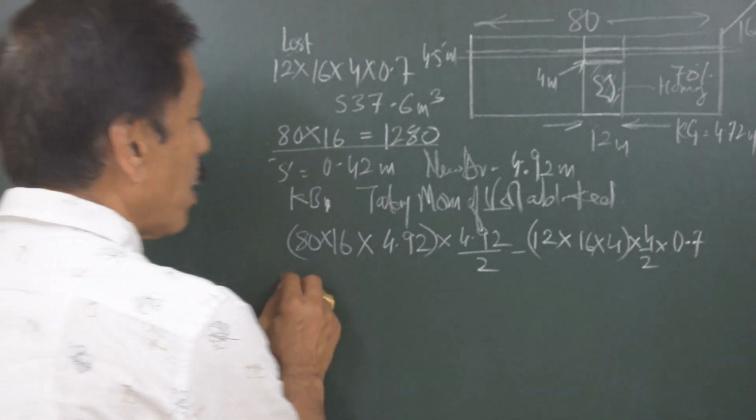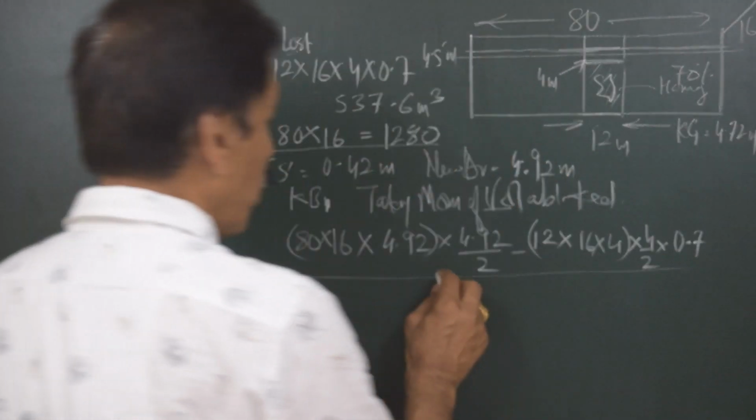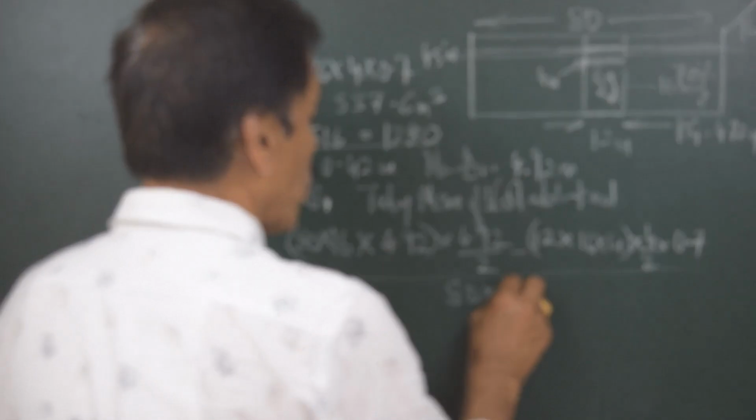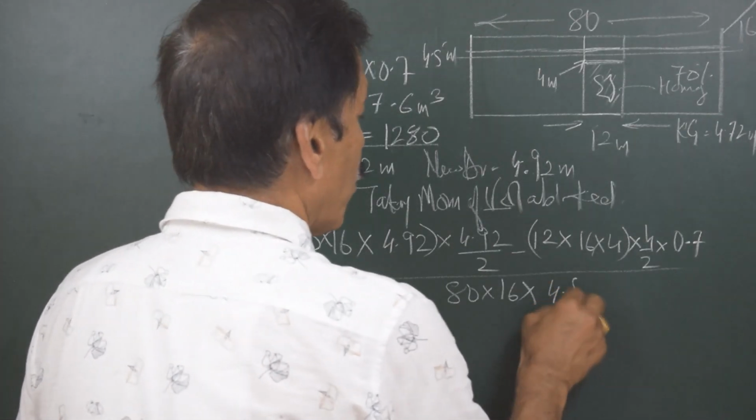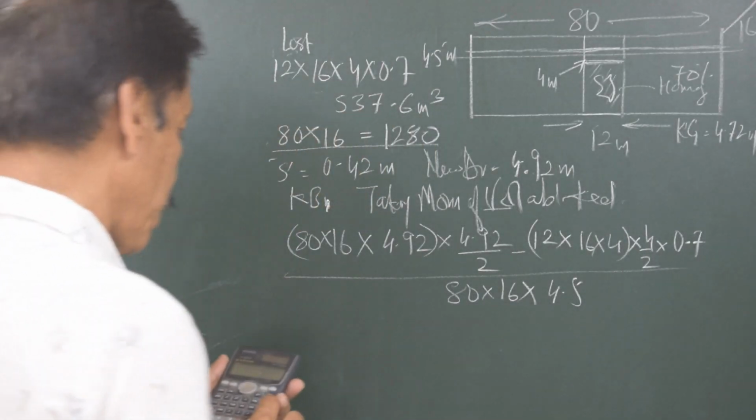Now this whole thing divided by intact underwater volume, that is 80 into 16 into the initial draft, that is 4.5 meters. Let's see how much you get.